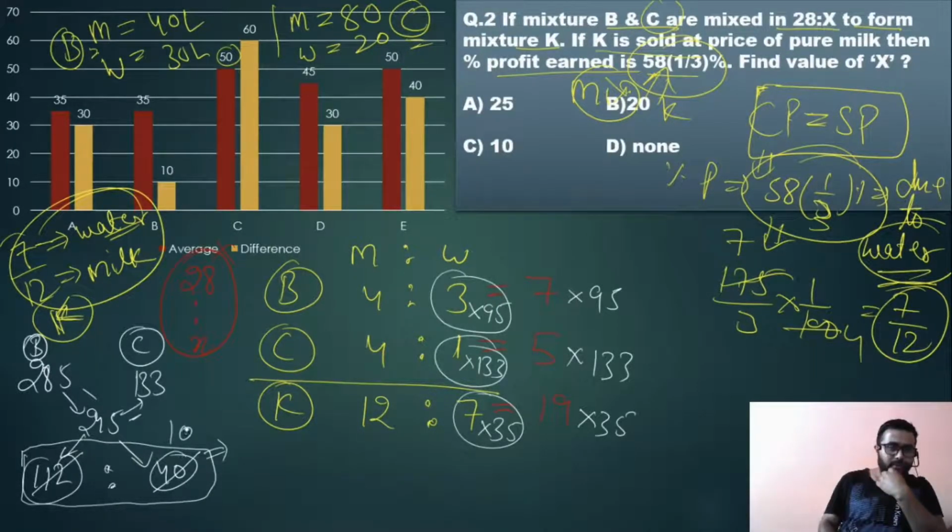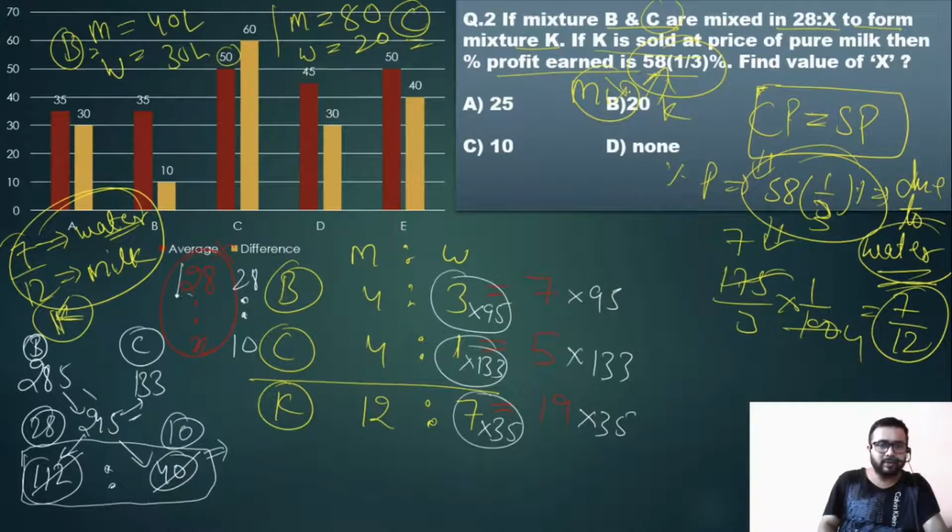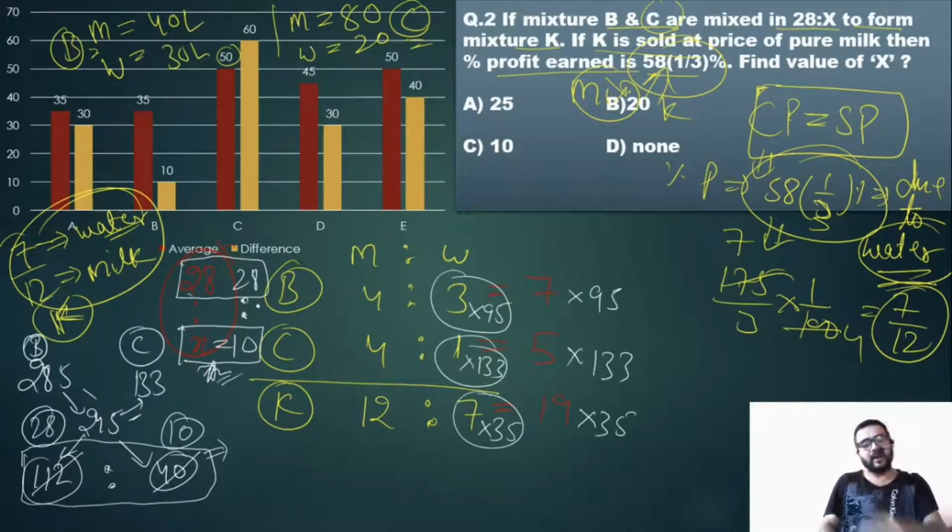If you cut by 4, you're gonna get 10 here and 28 here. So you're gonna get 28 to 10. This can be cut further, but we need it as is because we are seeing here 28 equals 28, so there should be x equals 10. That's why I didn't cut it. Otherwise I can cut this, and it becomes 14:5.